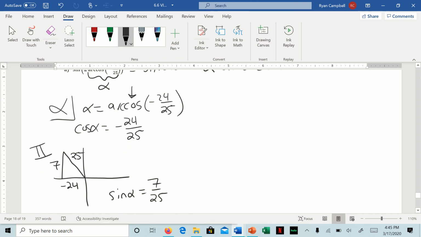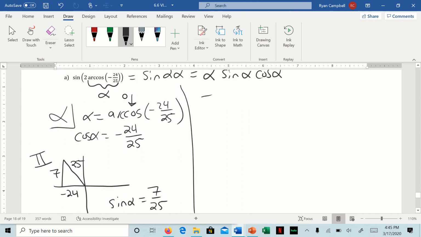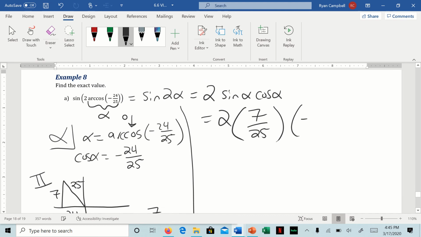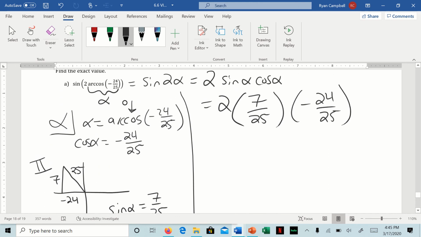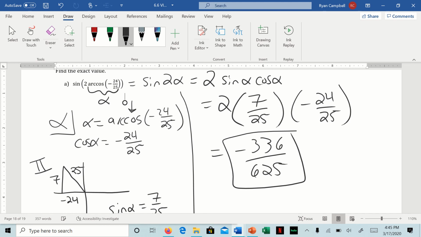So if we plug all this stuff back into our equation, we get 2 times sine of alpha, which is 7 over 25, times cosine of alpha, which is negative 24 over 25. Again, notice, at no point did we ever figure out what alpha was. That was not important for this problem. When we multiply all those together, we end up with negative 336 over 625, and that's our answer.